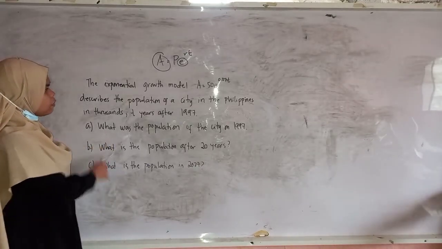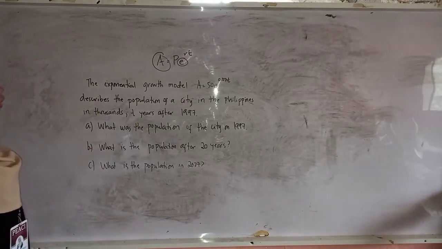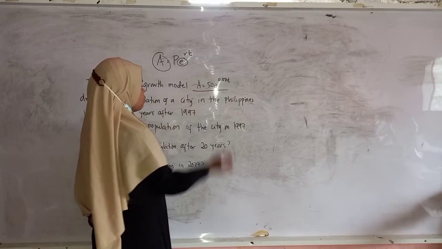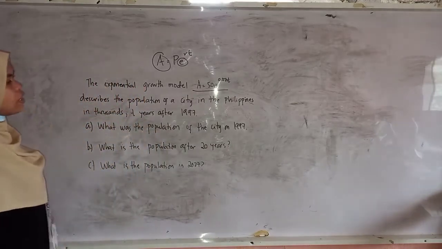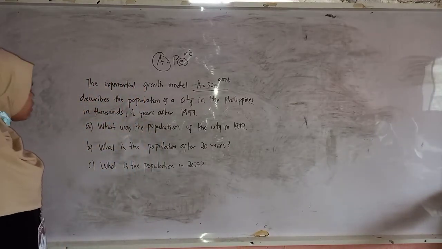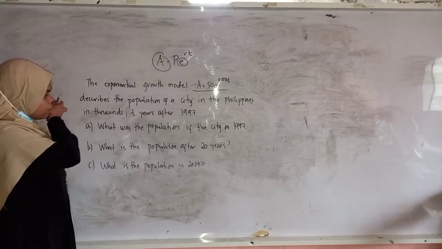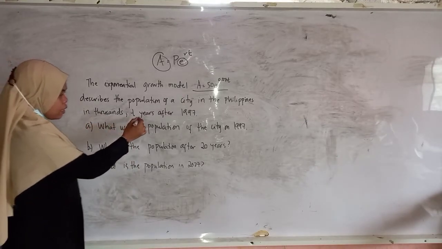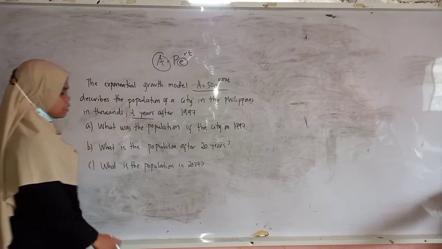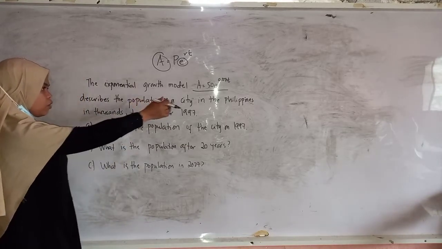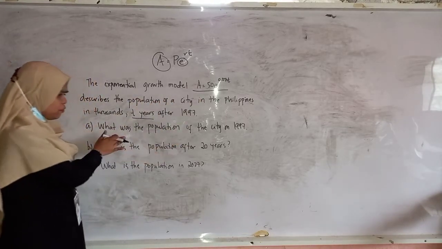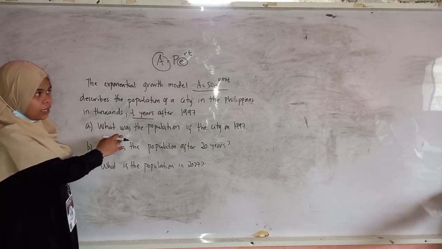So, we have the given problem, the exponential growth model A is equal to 50 e to the power of 0.07t describes the population of Pasig in the Philippines in thousands, t years after 1997. So, gagamitin natin yung model na given to find the population in 1997.